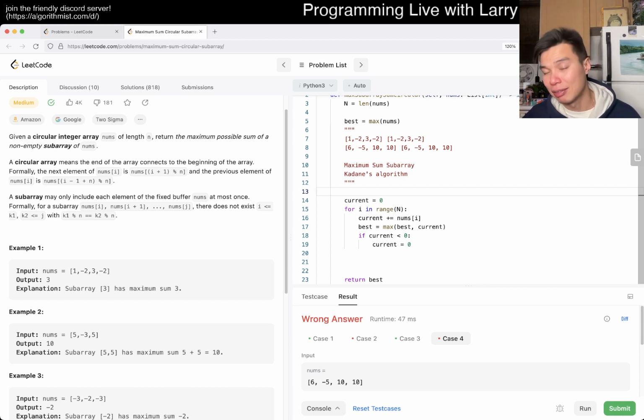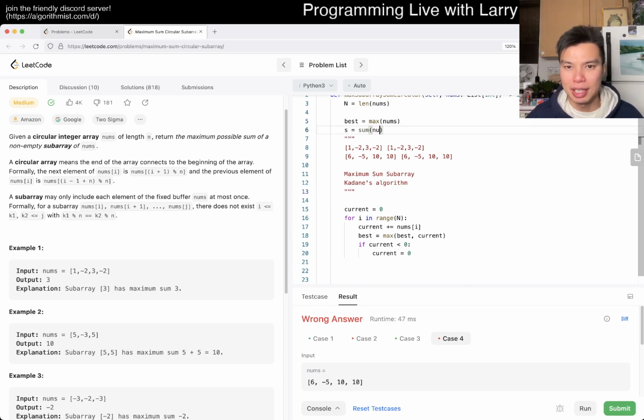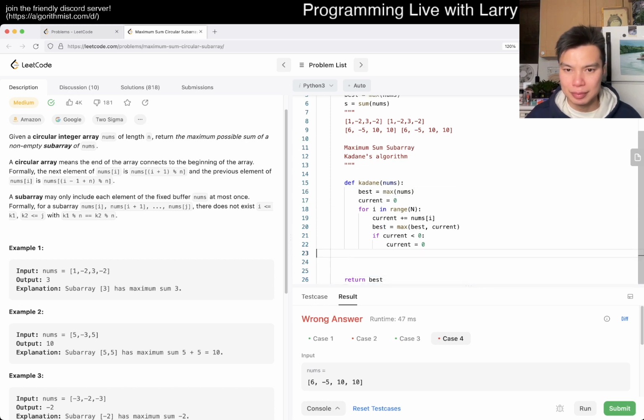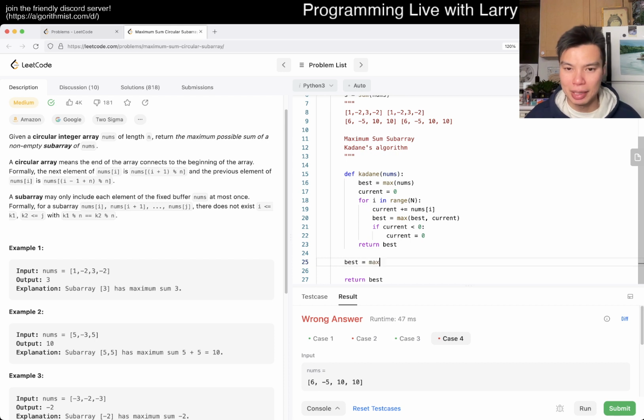So maybe you have something like S is equal to the sum of nums, and then best is equal to max of best, Kadane of nums, and then maybe something like best negative is equal to, oh no, whoops, you don't need max.